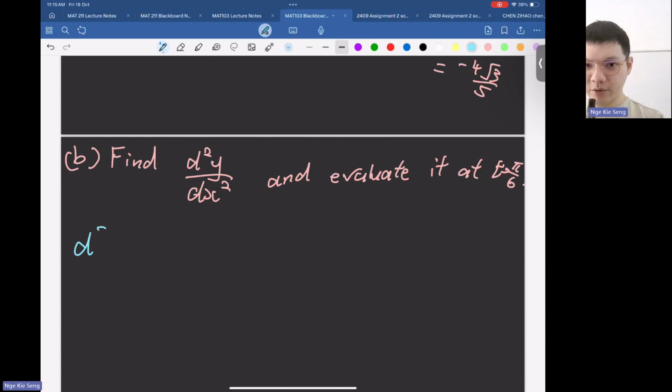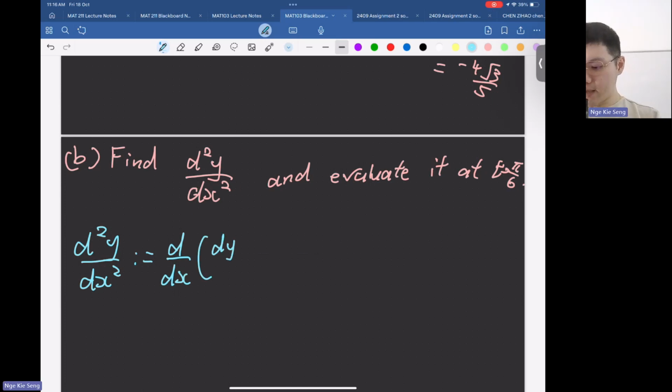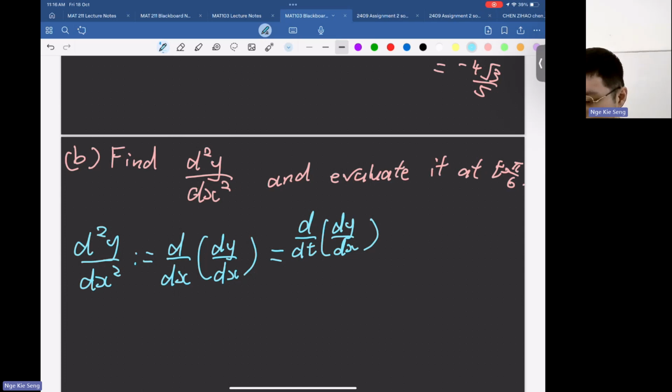So d²y/dx² by definition is what? Differentiate dy/dx with respect to x. But I told you how to differentiate a function with respect to t, right? So you can directly apply the tangent formula, which is d/dt of dy/dx over dx/dt.